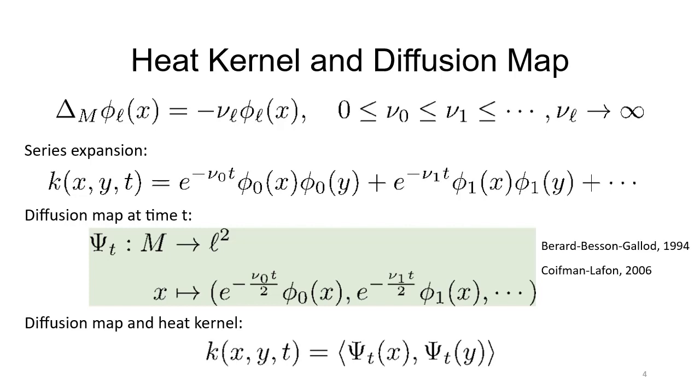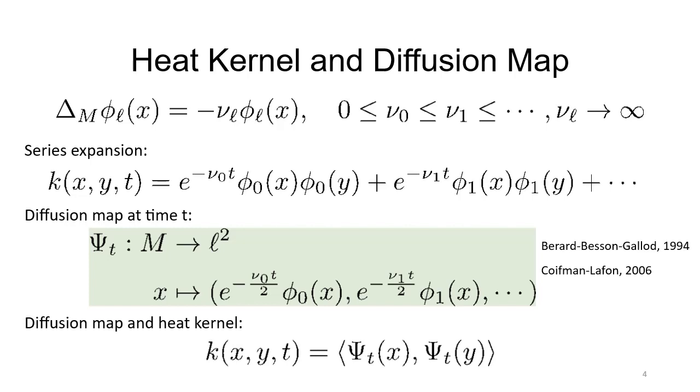So you compare the series expansion of the heat kernel at line 2, and you use the diffusion map at line 3 to do the dot product, and we will see that the heat kernel equals psi at x dot psi at y.